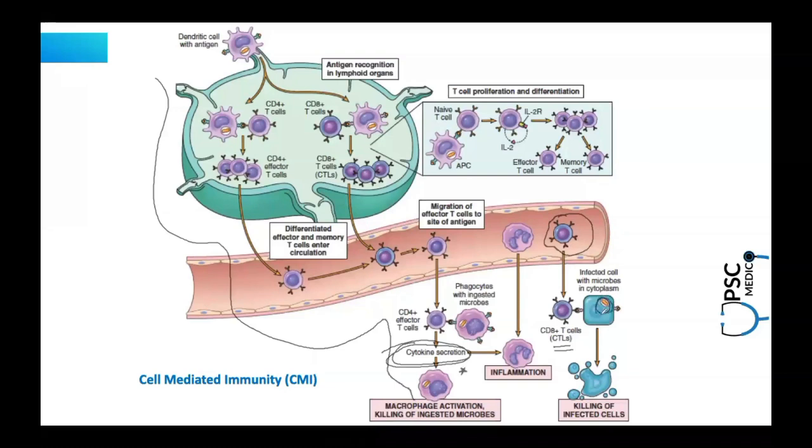The microbe is present inside the normal cell. The normal cell has MHC1, so this cell is interacting with the normal cell, okay? After interaction, it releases perforin granules. It causes lysis of the cell, so it is directly killing the cell. So these two mechanisms are cell-mediated immunity.